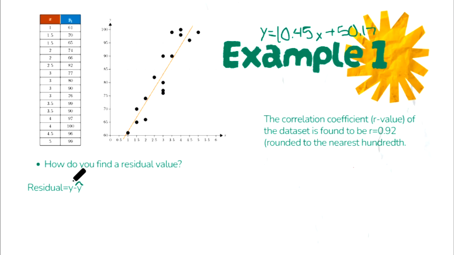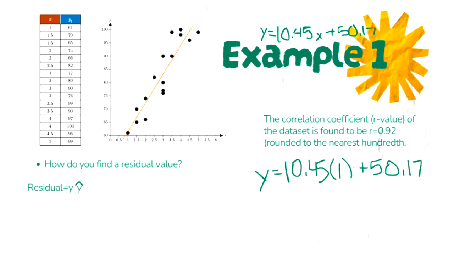So we have our actual y value and what it should be based on the line of best fit. Our actual y value here is 61. So I'd go y equals 10.45 times our actual x value, which is 1, plus 50.17, which gives us 60.62.